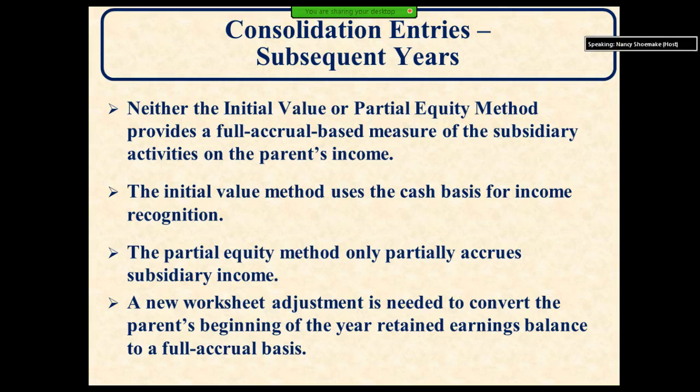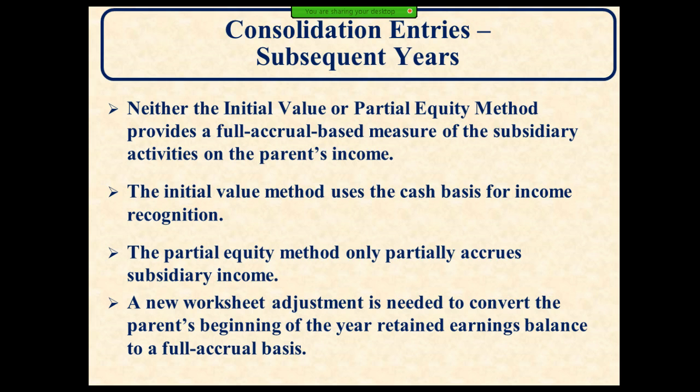So, when we're dealing with the future years, we're going to talk about how we're going to consolidate these financial statements. As you see, the equity method really presents the best picture of the income from the subsidiary.